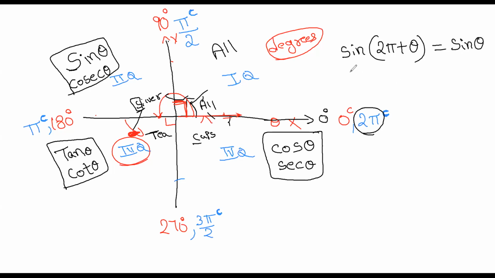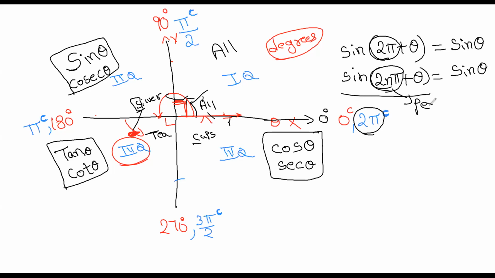The generalized form of writing: the 2 pi is the period, so I can write it as 2n pi. How many cycles it may be? 2 pi is for one cycle, but if it rotates for 3 or 4 cycles, the value will still be the same. So sine of 2n pi plus theta is sine theta itself. The 2n pi is called the period.